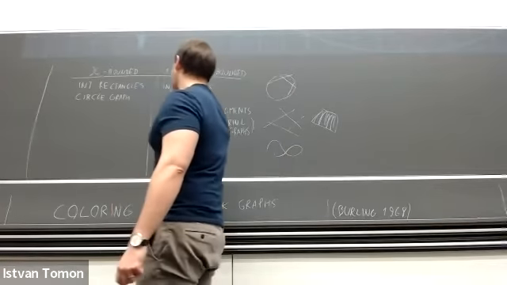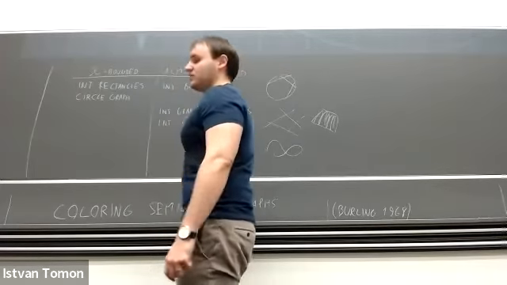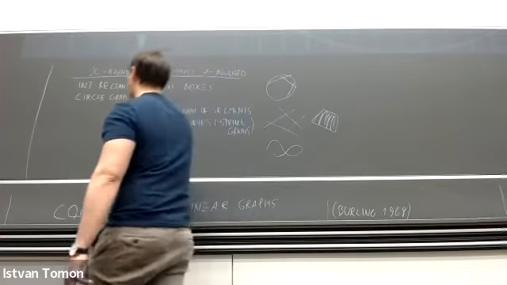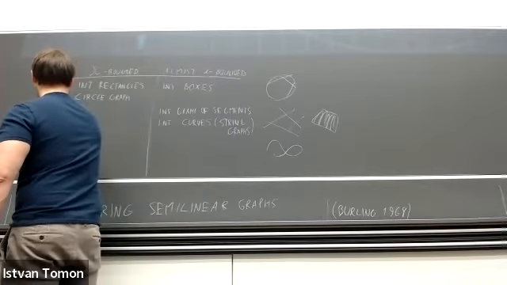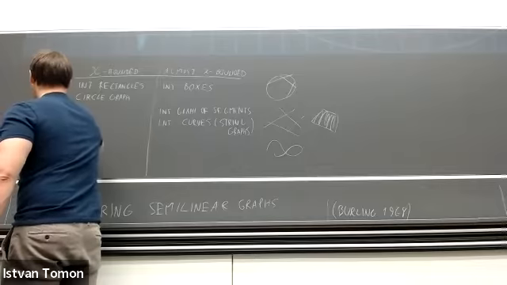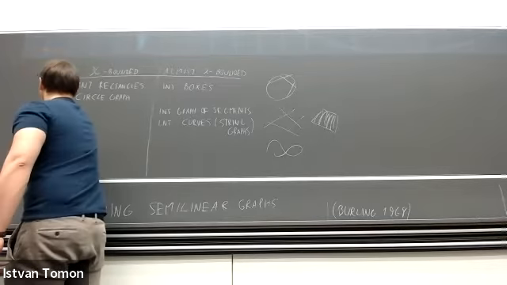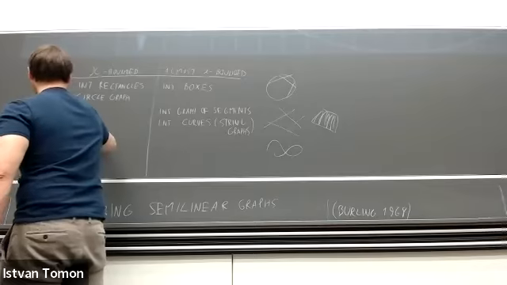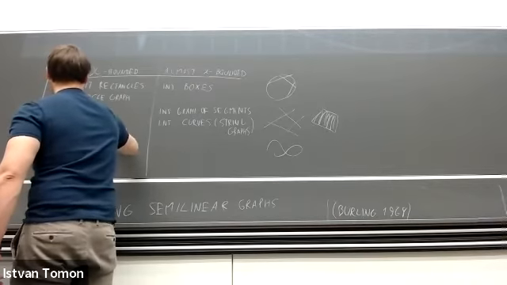For example, if we slightly restrict our curves and we require that they are grounded, they then become chi-bounded. So here I can put the intersection graph of grounded curves.